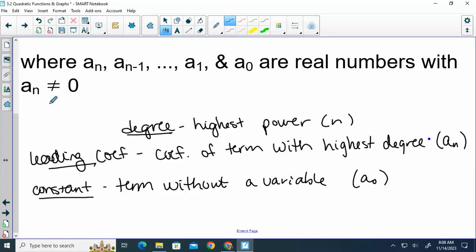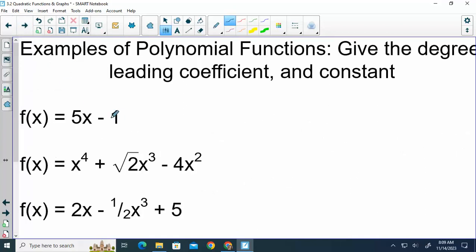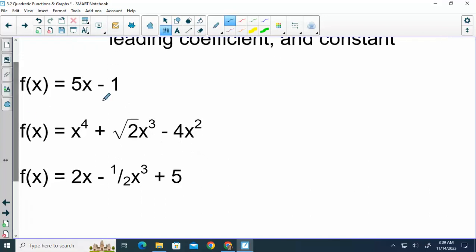So let's look at an example. I want for each of these the degree, leading coefficient, and constant. So what is the degree of this first one? 1. It's an x to the first, so the highest power is 1.